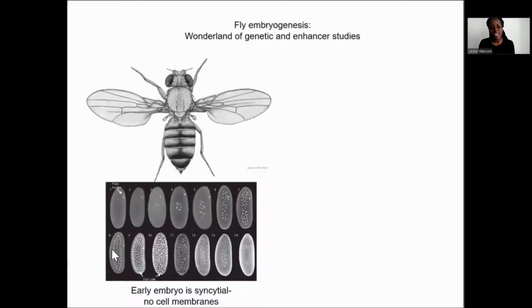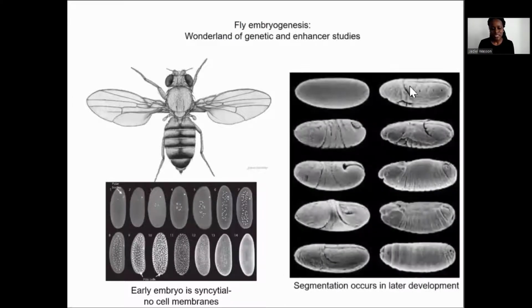What this means is that you have nuclear divisions occurring, but you don't have the presence of cell membranes.